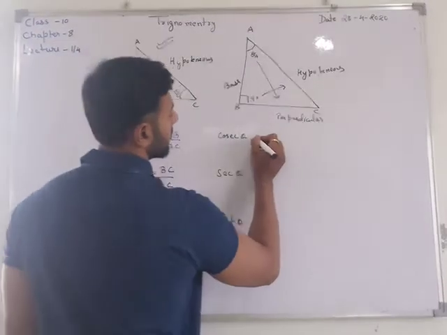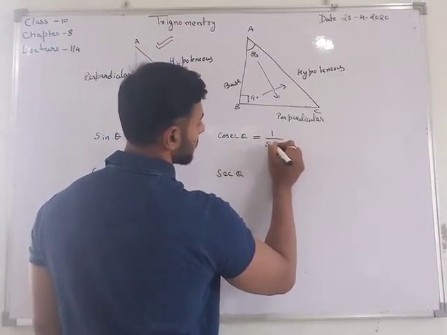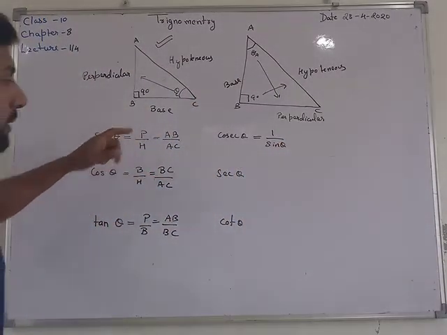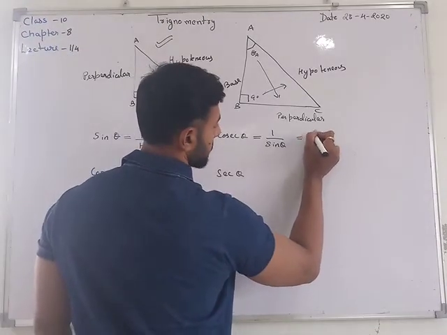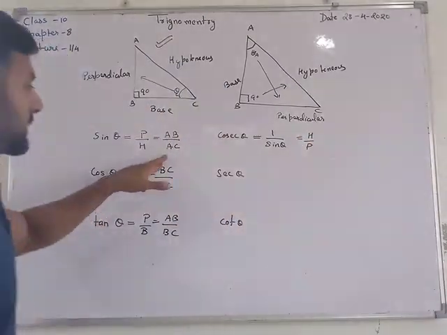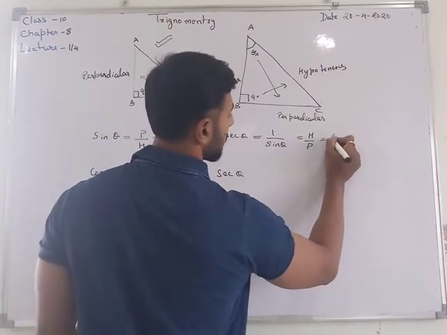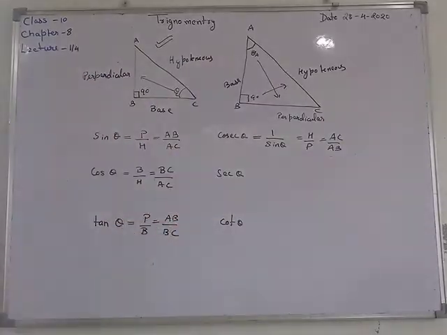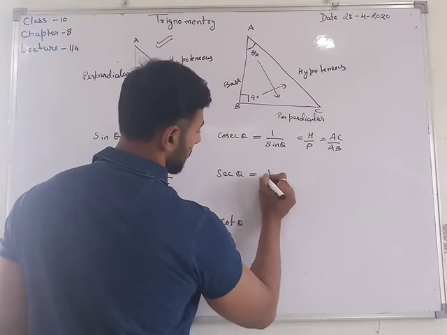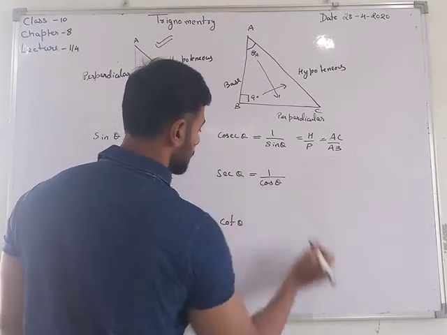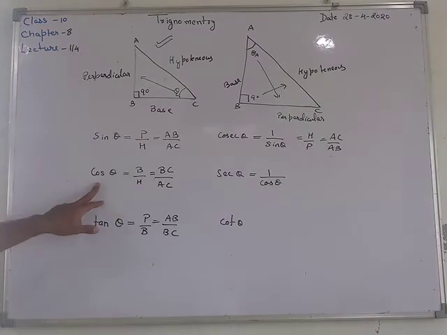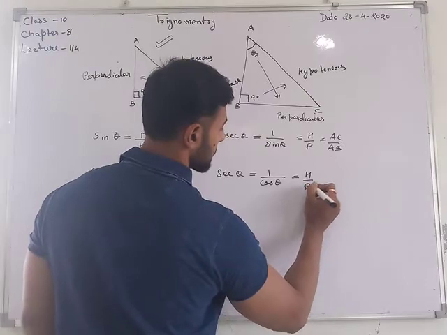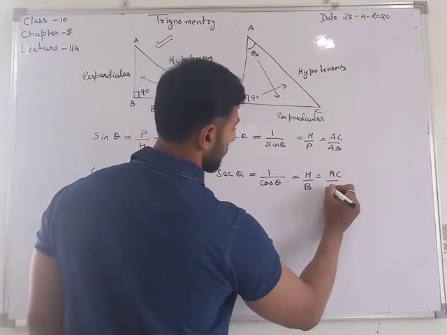Cosec theta is inverse of sine theta, means H upon P. H is AC upon AB. So this is cosec theta. Now sec theta. Sec theta is 1 upon cos theta. Inverse of cos theta is sec theta, means hypotenuse upon base, which is AC upon BC.